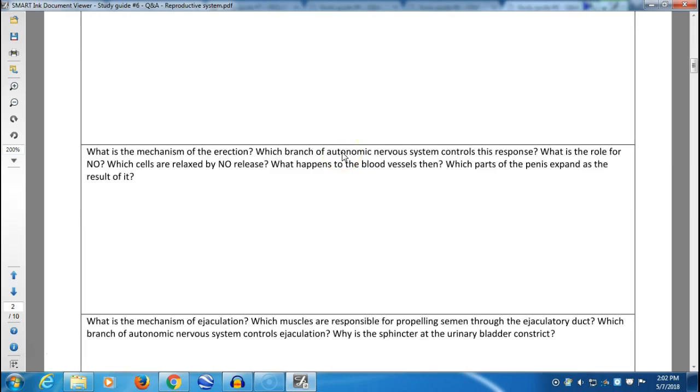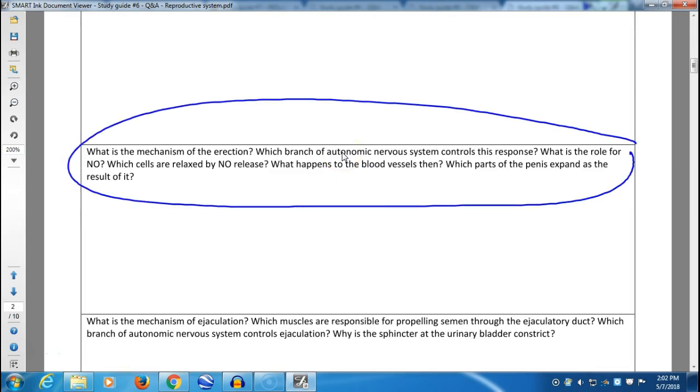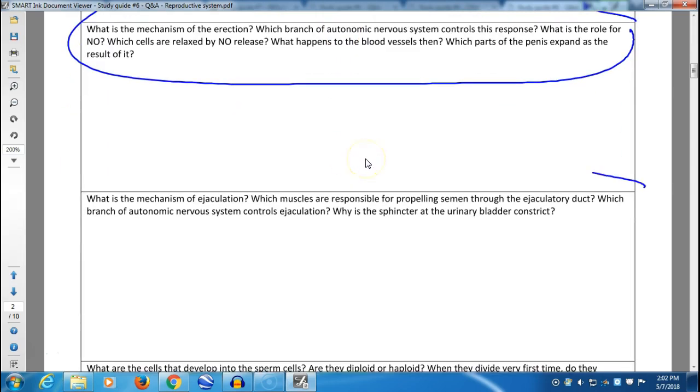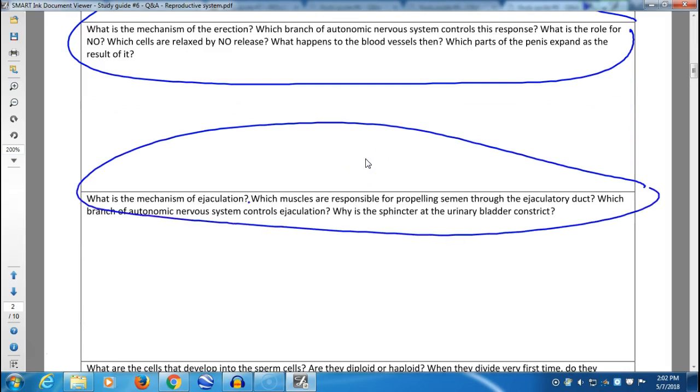Okay, we got this, and we got this. Don't focus on the muscles that propel. Smooth muscles propel the semen through the ejaculatory duct. That's as far as it goes. Again, know that it's sympathetic, and why the sphincter constricts, so sperm doesn't go in the bladder.